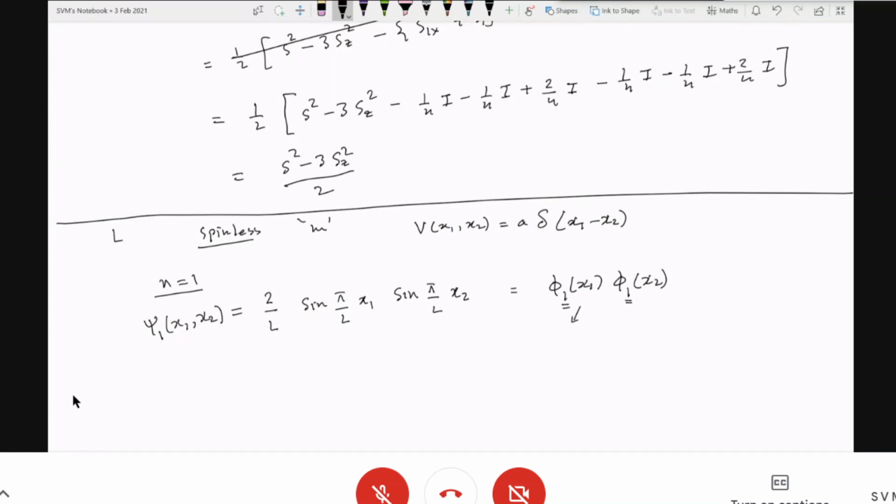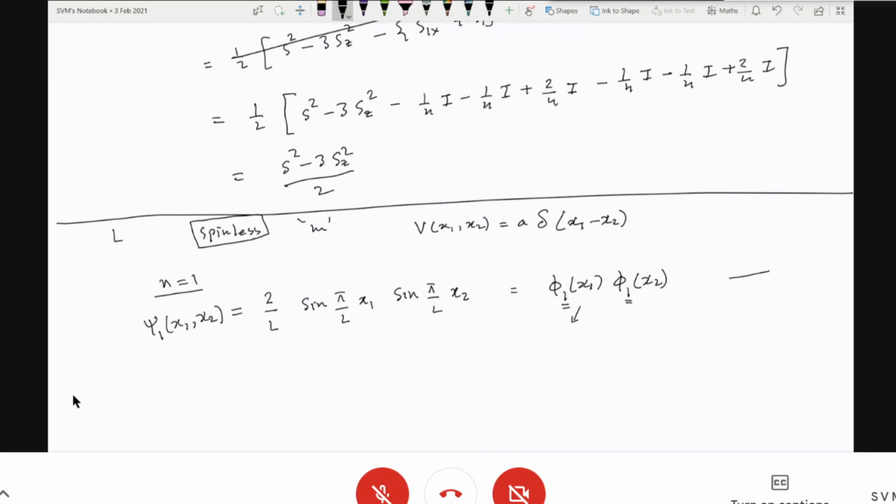If they're distinguishable then? Yeah. Once you say you have spinless, then there is no boson fermion difference, right? Spinless means spin zero, sir. Yeah, spin zero. So both of them can be in the ground state. That is what I am telling.